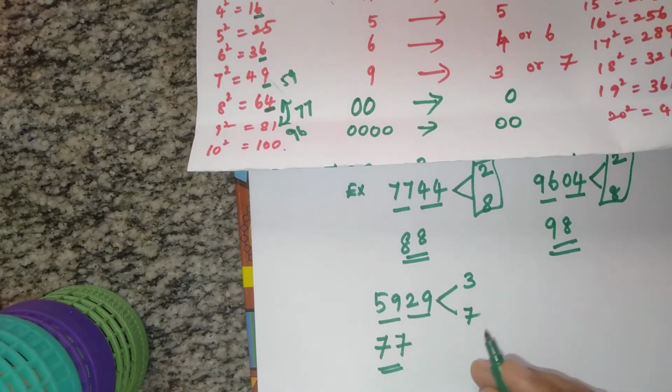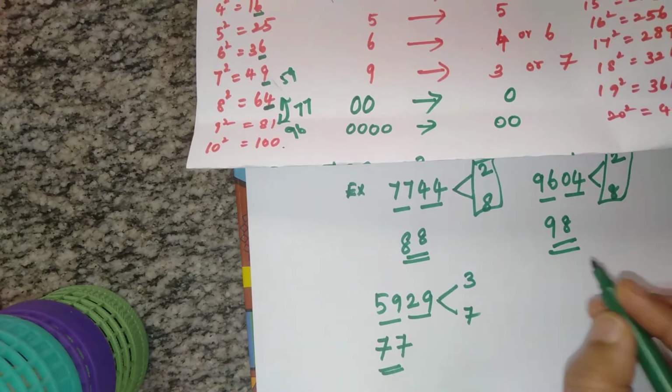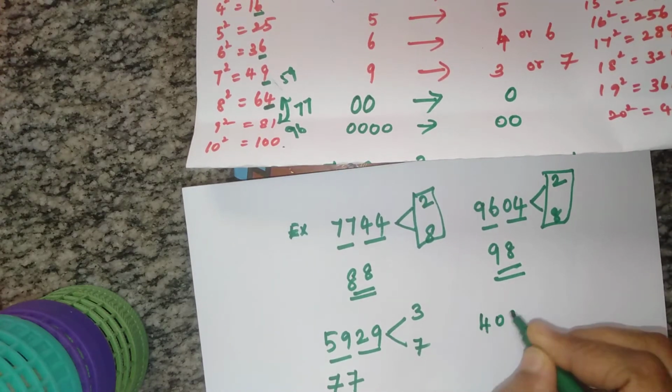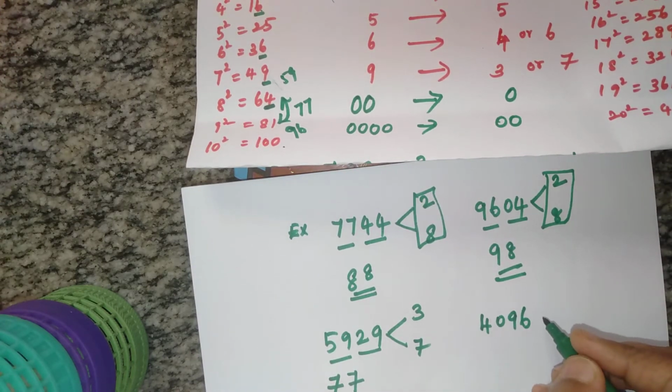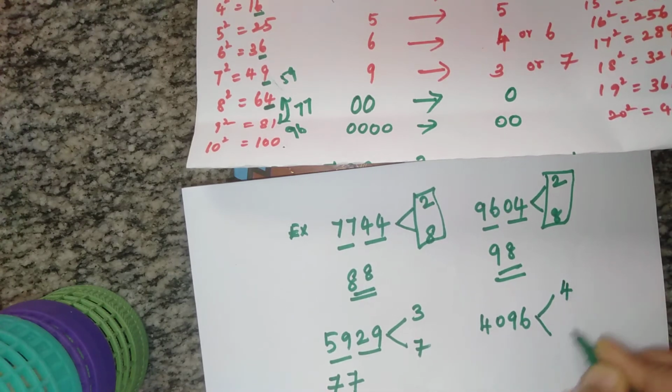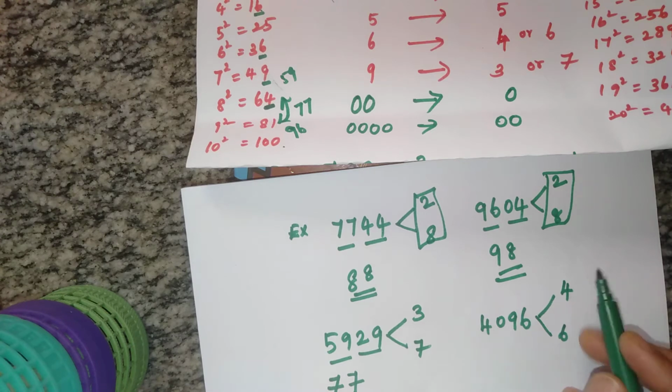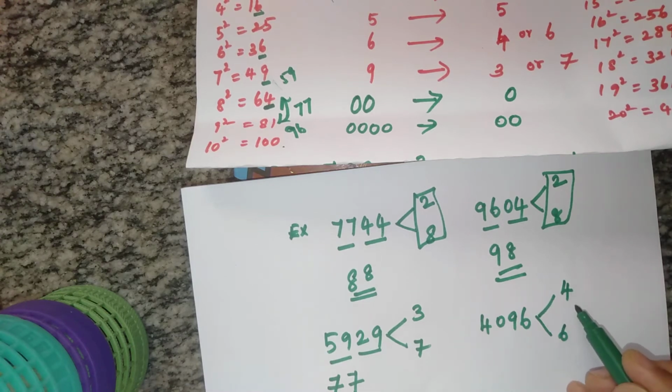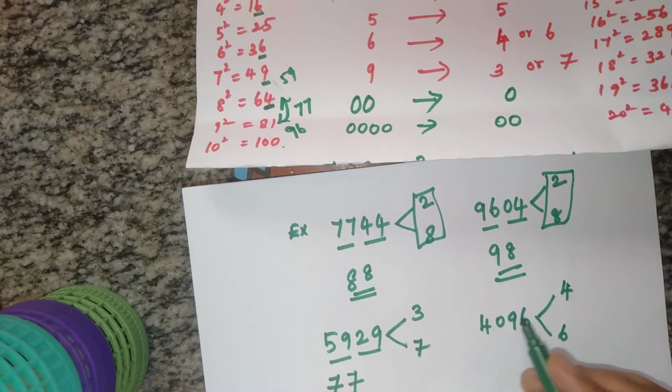Next we go with another example, 4096. 6 means what we have to write? 4, another one is 6. Easily we can write it because the sum of the 2 comes to 10. So 4 and 6.